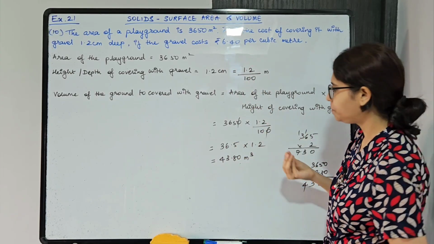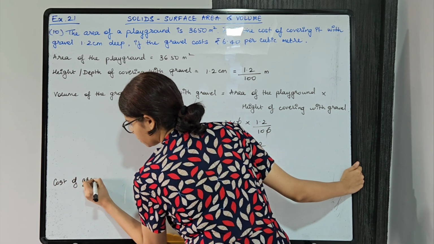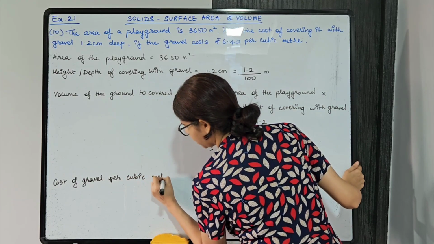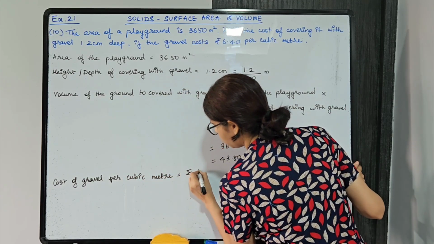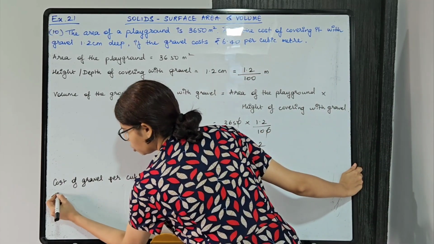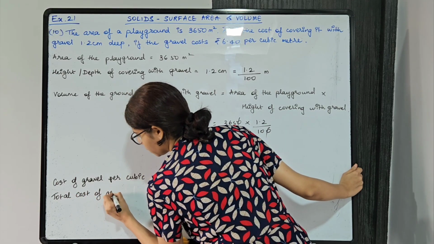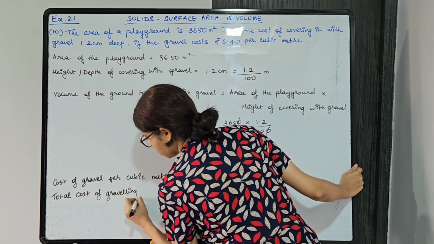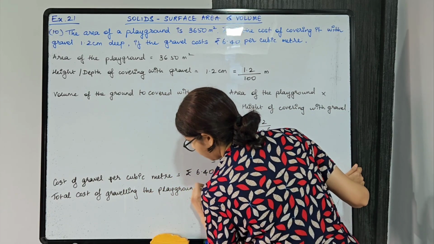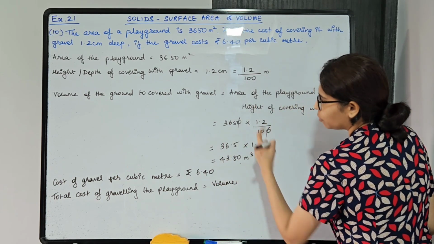Alright, so very easy. Cost of gravel per cubic meter is rupees 6.40. Now total cost of graveling the playground is nothing but the volume of the ground to be covered with gravel.